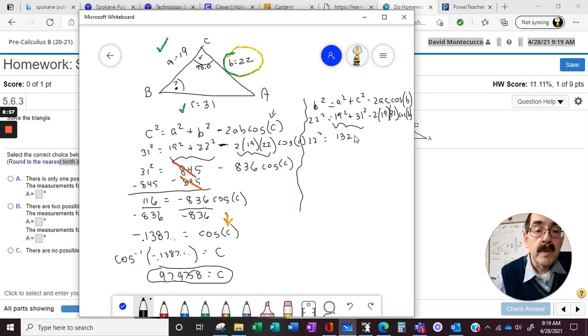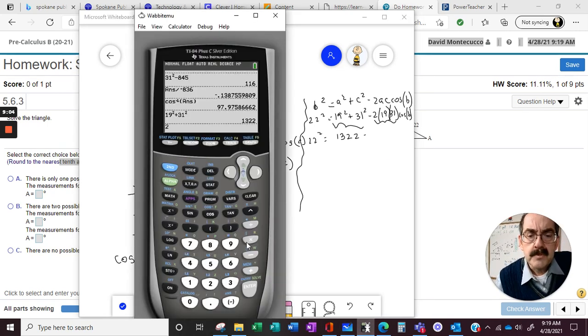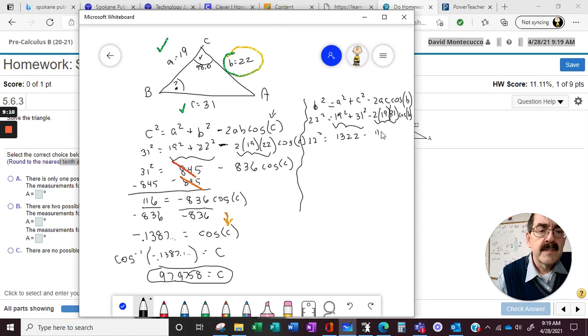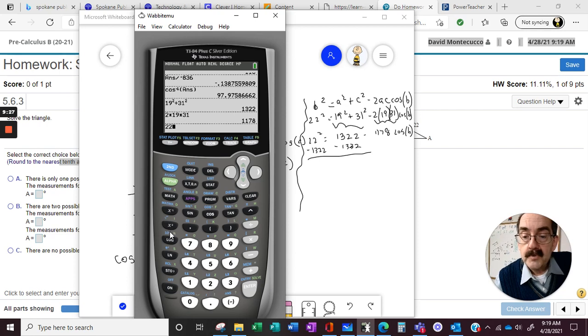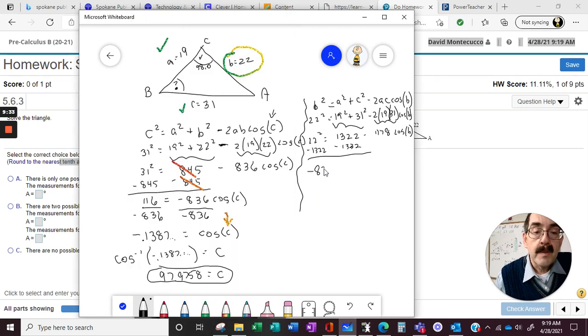So that's 1322 minus, now I want to simplify that, 2 times 19 times 31, 1178 cosine B. Subtract 1322 from both sides. 22 squared minus 1322, negative 838 is now equal to negative 1178 cosine B.